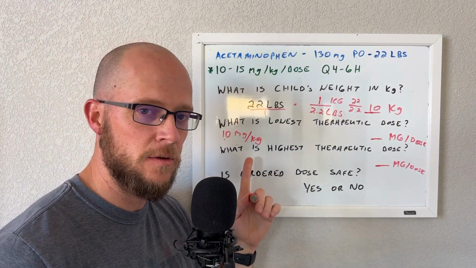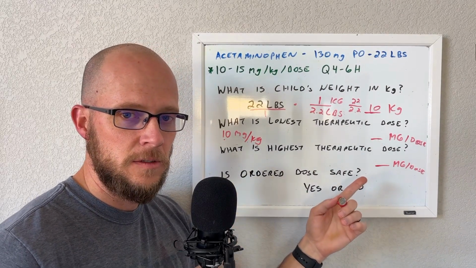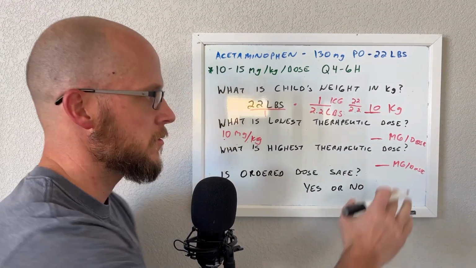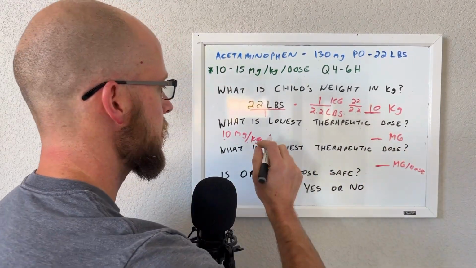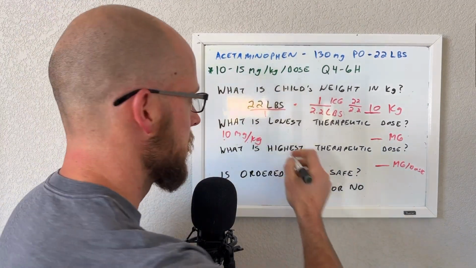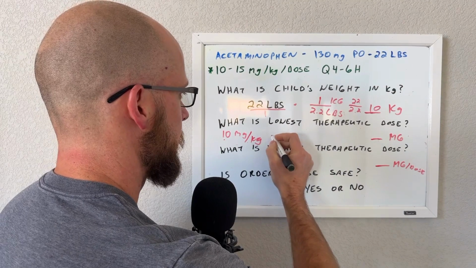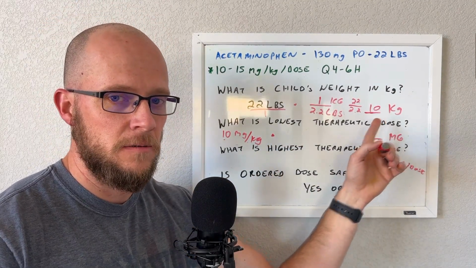So I know that I need to go 10 milligrams per kilogram to milligrams. All I've got to do is just cancel out that dose on there. Here, we'll get rid of this as well, just to hopefully make it not super confusing. So then what do I've got? I've got 10 kilograms up here.